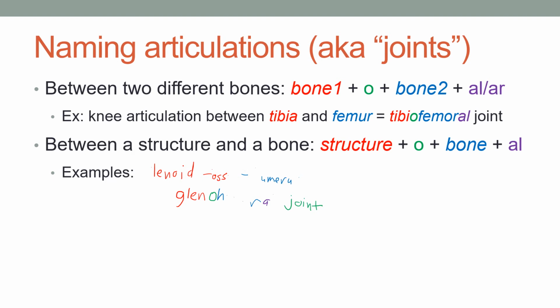There are others. The other one that forms a joint with the scapula is the acromion of the scapula, which forms a joint with the clavicle.